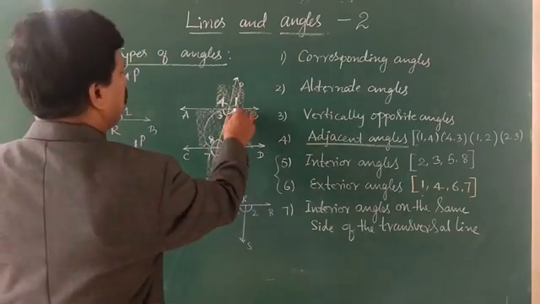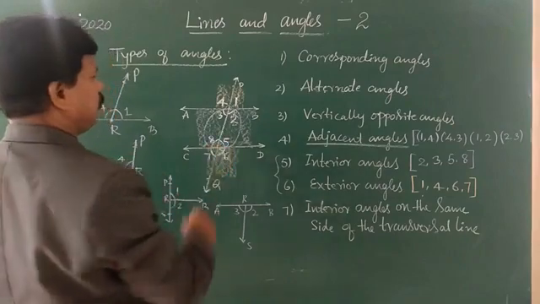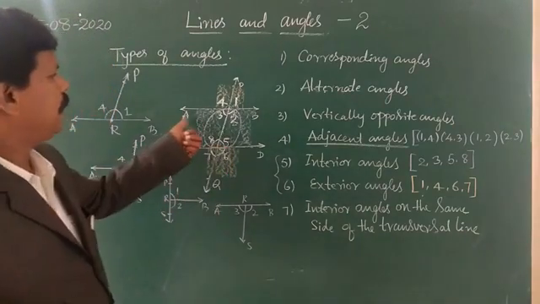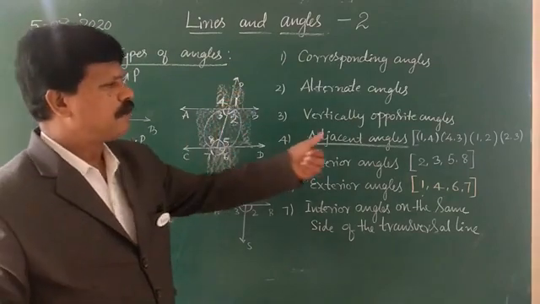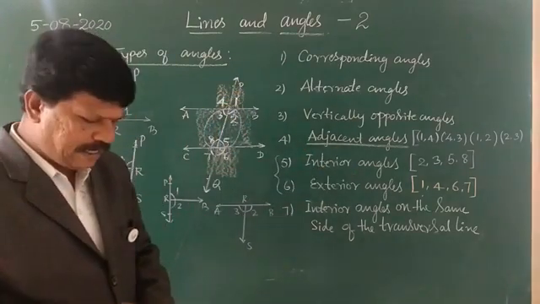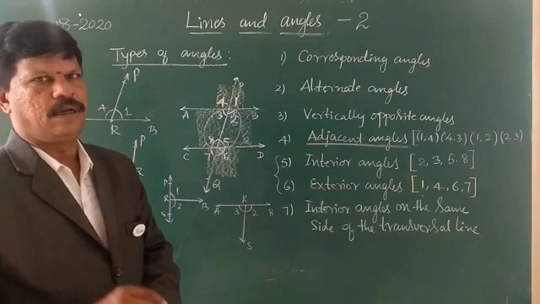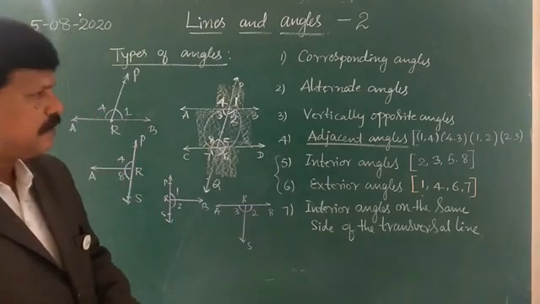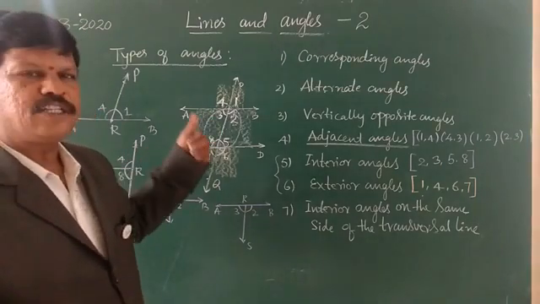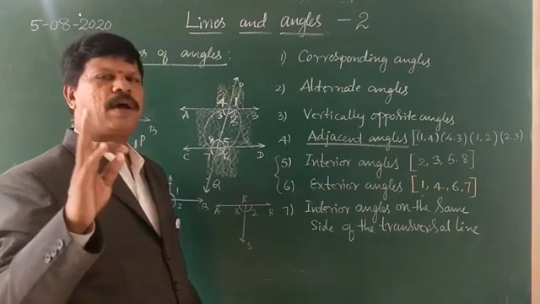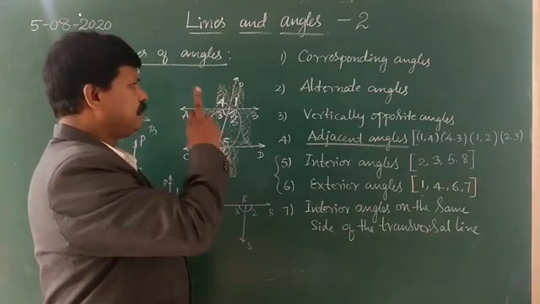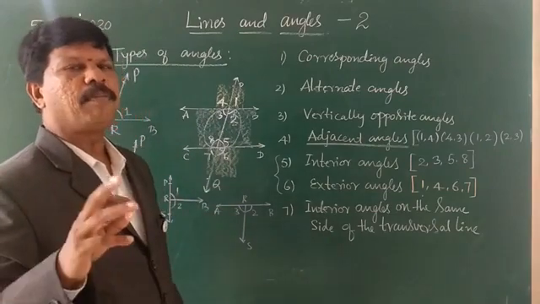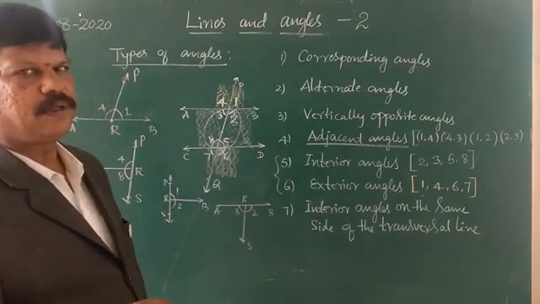So here is PR and this is S. With respect to AB and PS, see how many pairs? 4 pairs of adjacent angles. Remember, adjacent angles, here the transversal is passing through two parallel lines. Therefore, here they are the linear pair angles.